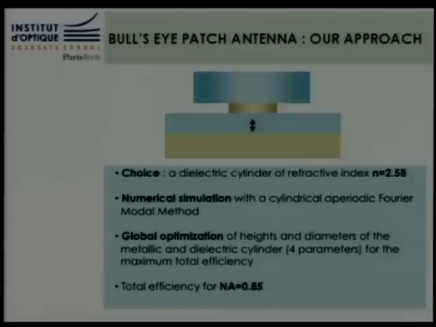We use the same numerical simulation scheme and global optimization of heights and diameters of both the metallic disc and the dielectric cylinder, to maximize the total efficiency for a numerical aperture of 0.85.